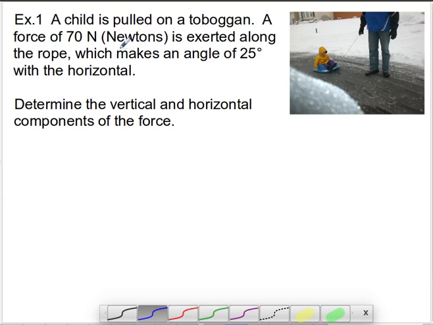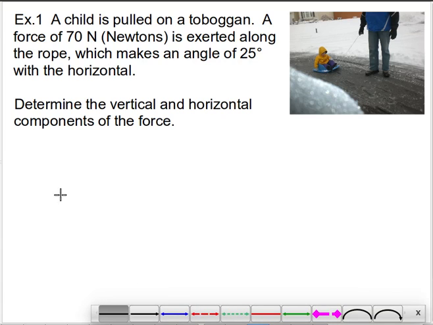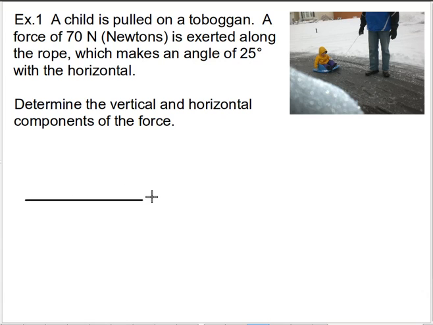There are other units that can be used, but newtons are the Système International units that we use for a force. And in this particular case, we're saying that it makes an angle of 25 degrees with the horizontal, or with the ground. So always a good idea, if possible, to sketch the situation.